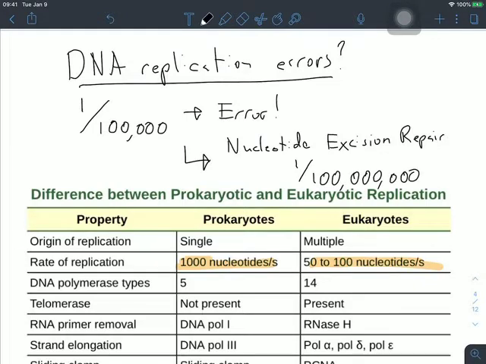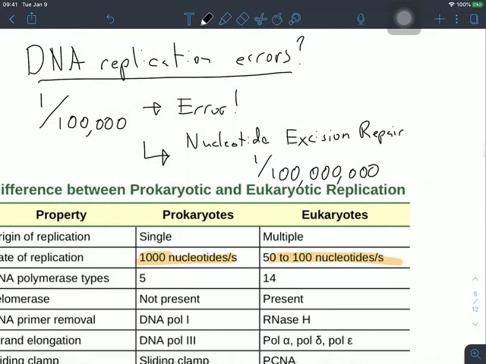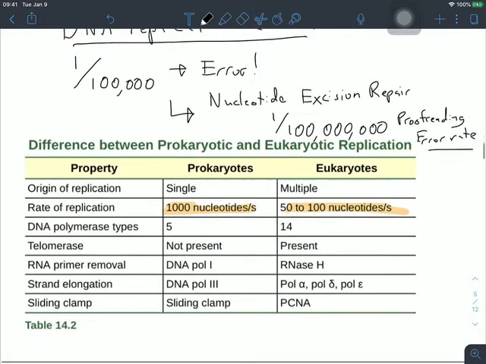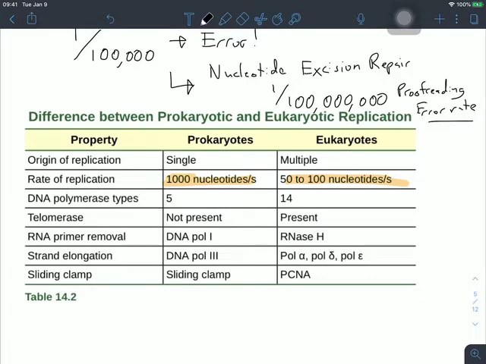So you add 3 zeros in order to get your proofreading error rate. But that still means that we'll be generating some amount of mutations every single generation. Mutation is a feature of DNA replication, not a flaw. I'll be saying that a lot. That mutation is a feature, not a flaw, of DNA replication.